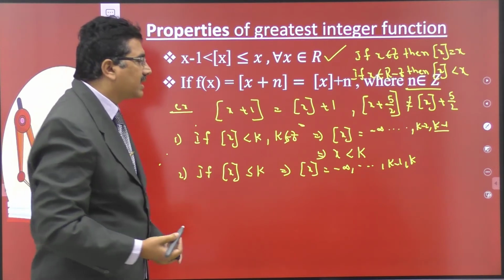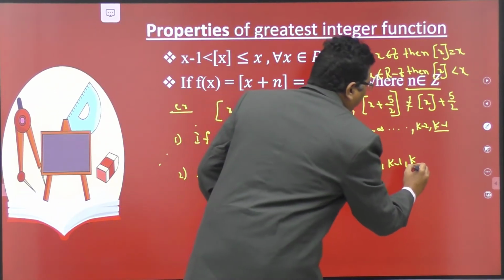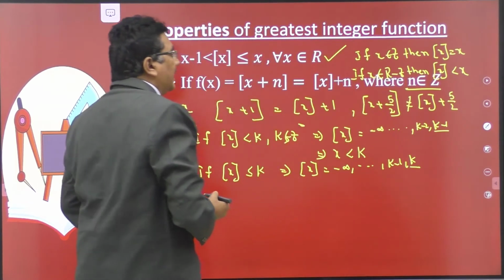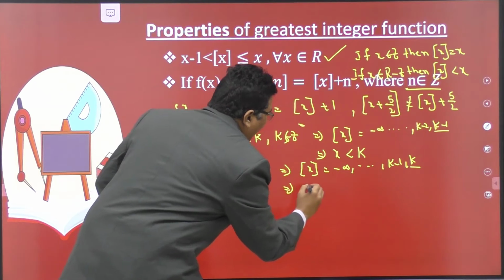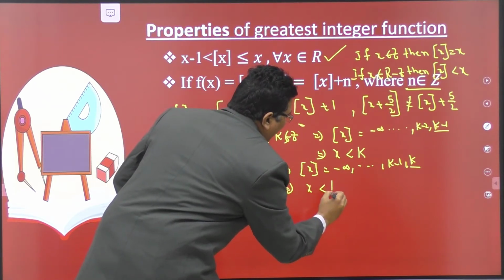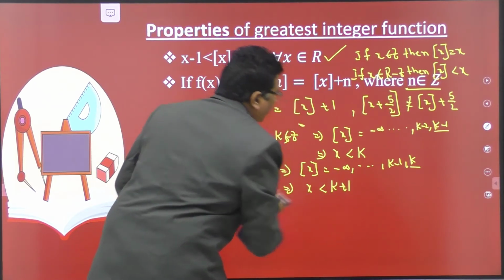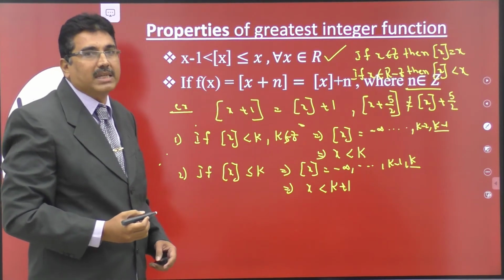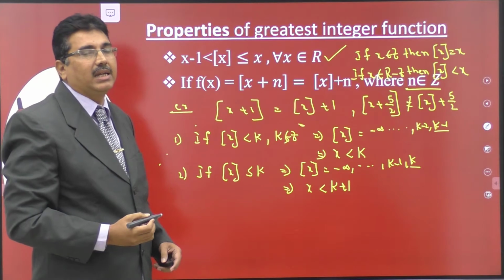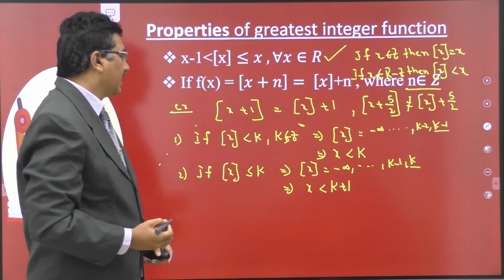If [x] is equal to k, then x must be less than k plus 1, right?